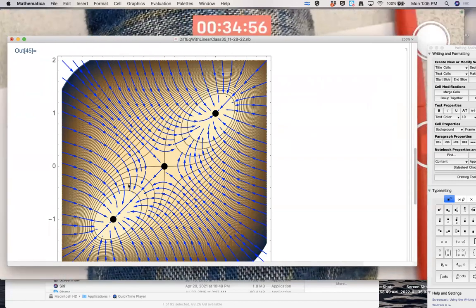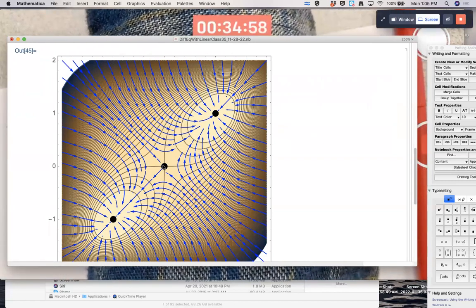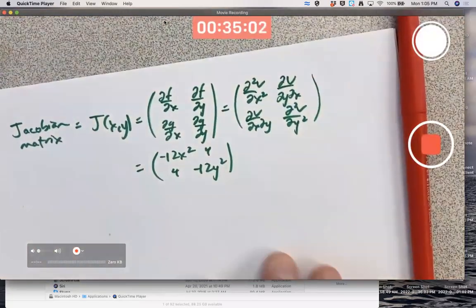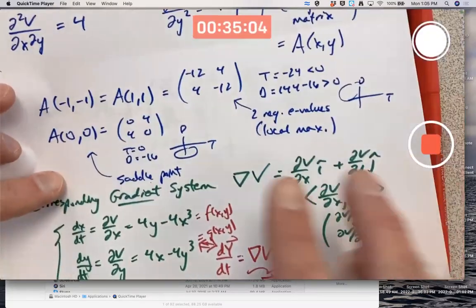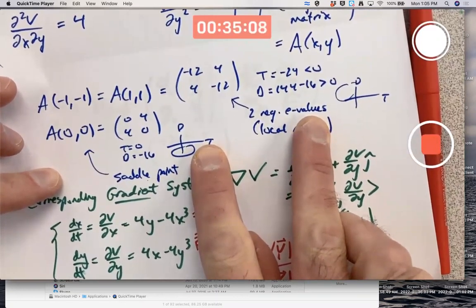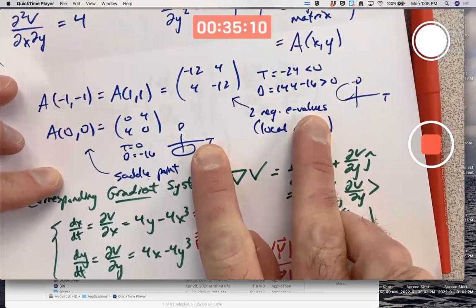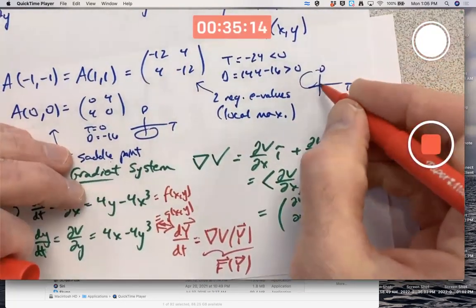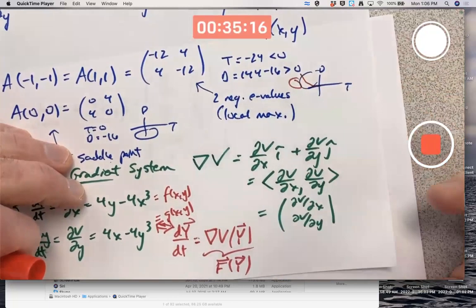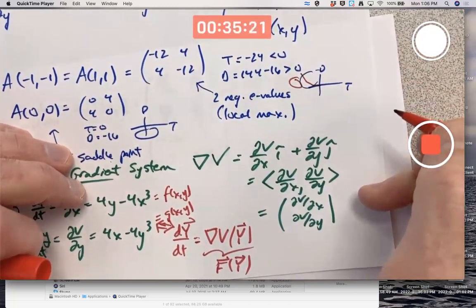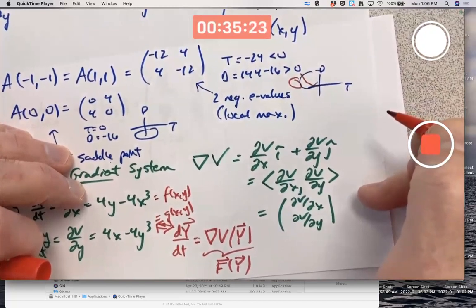Looks like these two are sinks and this one's a saddle point, right? Just like this would reveal. And the sinks look like real sinks, right? Not spiral. We didn't see spiraling. In the trace determinant plane, we'd be more over here to the left of the repeated root parabola. Real sinks instead of spiral sinks.